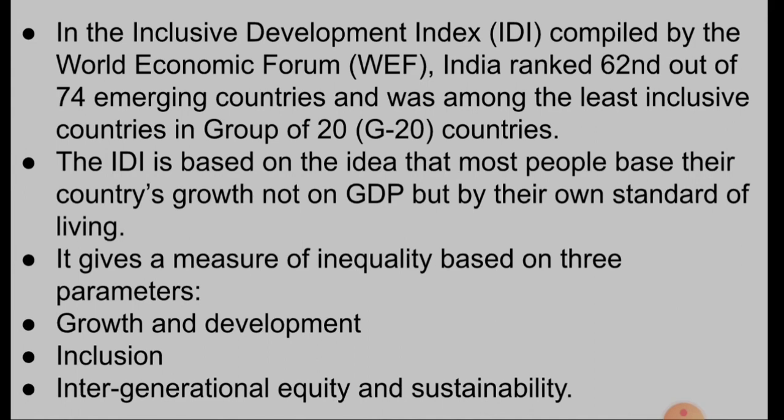And on intergenerational equity and sustainability, government is taking steps to improve sustainability, but still it is not up to the standards of other countries, like the developed countries of Western Europe, like Spain, Germany, France, Italy, Belgium, Netherlands, UK, USA, Canada. And also the inclusive growth is not that much.